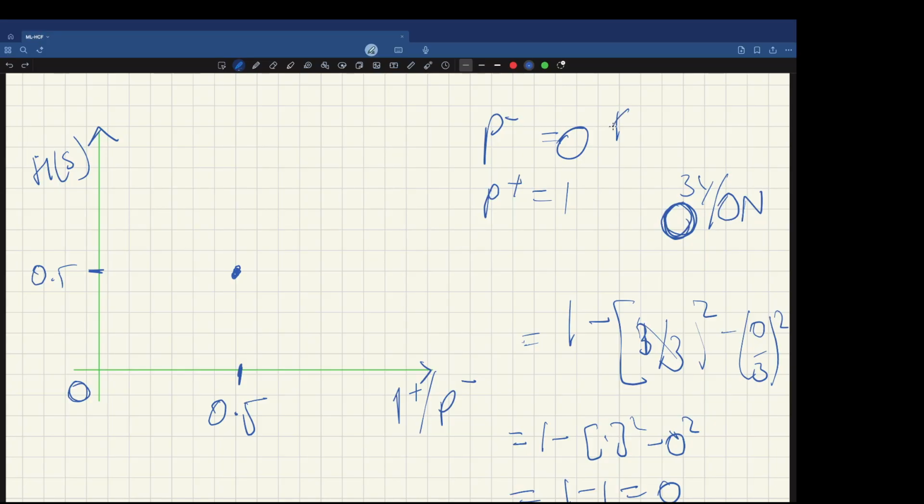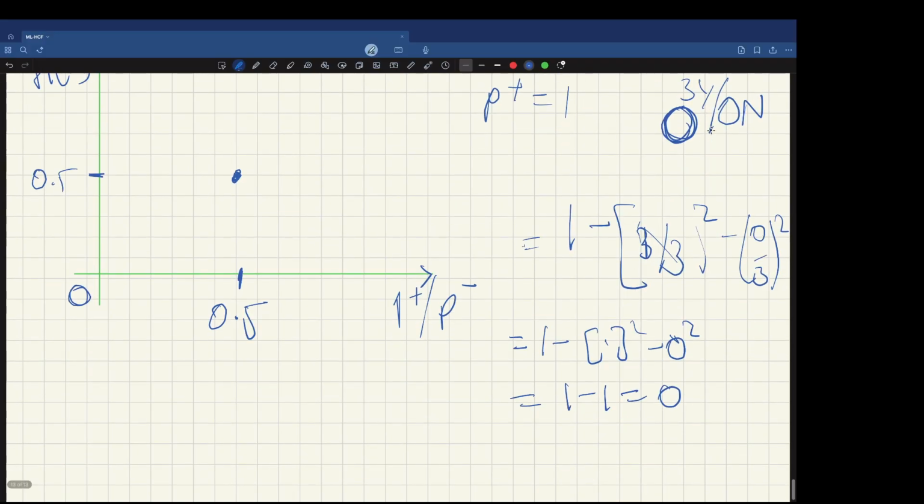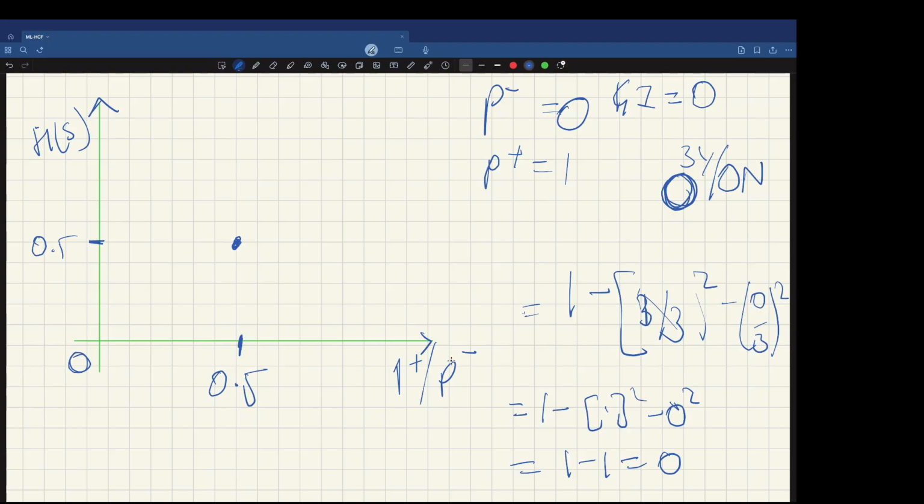Gini impurity, not index, as 0. So P negative and P positive at 0 and 1, if P positive is 1 and P negative 0, we are having Gini impurity as 0. Okay, so this will be a point over here.